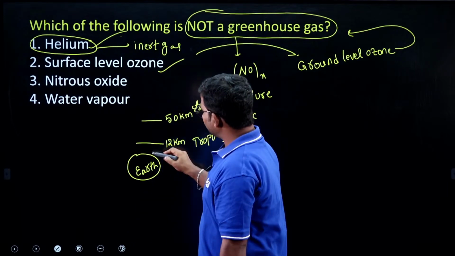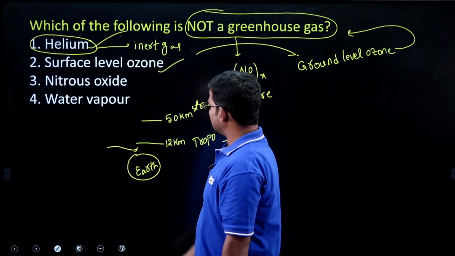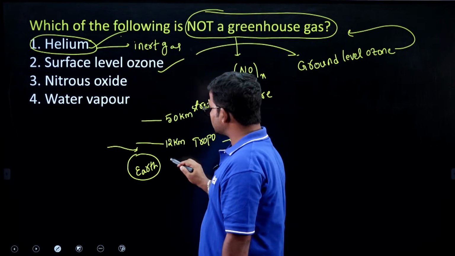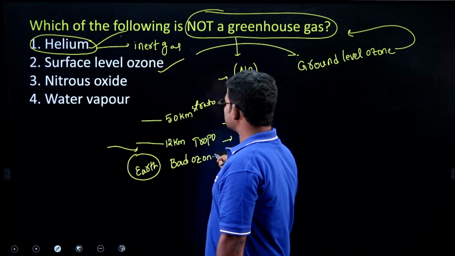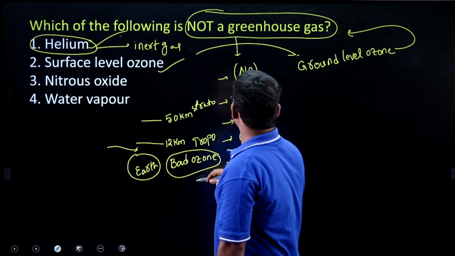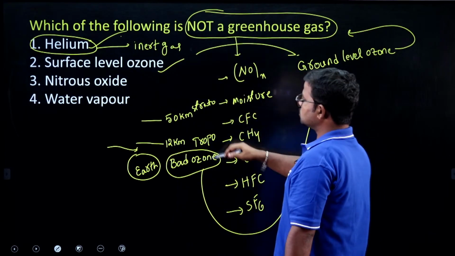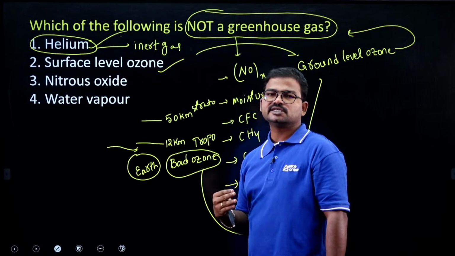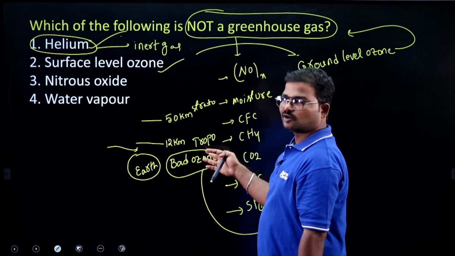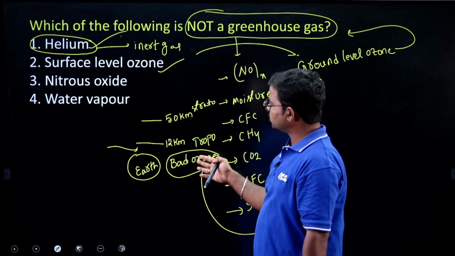Ozone found in the troposphere is called bad ozone, also pronounced as surface level ozone or ground ozone. This ozone is responsible for increasing the temperature on the earth, nothing but a global warming gas or greenhouse gas.